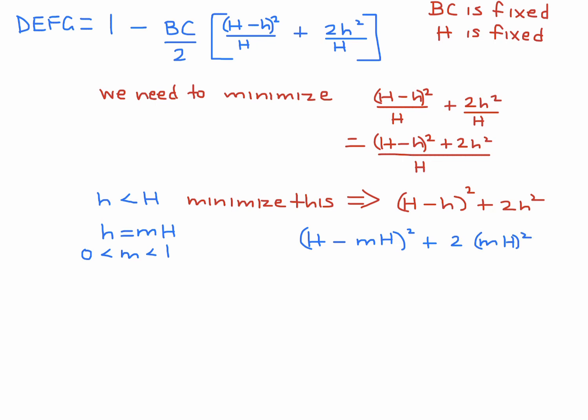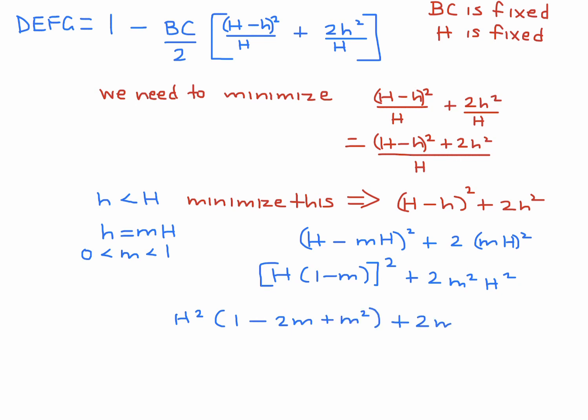So this becomes H squared times (1 minus m) all squared plus 2m squared H squared. This, when you expand it, becomes H squared, and then in the brackets it'll be an expansion of the form 1 minus 2m plus m squared, plus 2m squared, times H squared, like this.